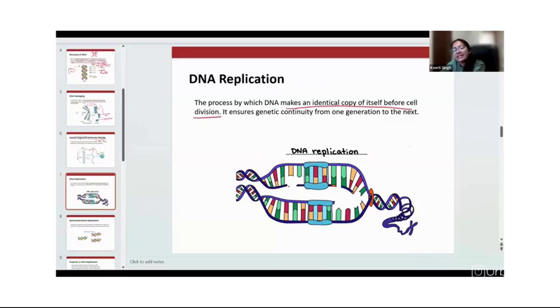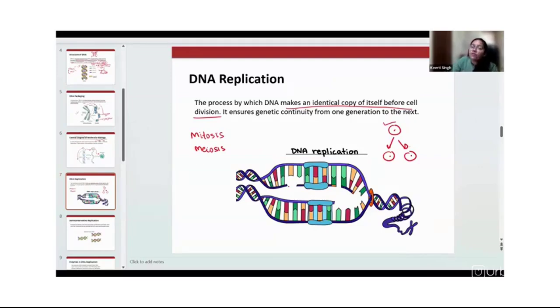We already know that cell division takes place through the process of mitosis and meiosis, right? So if a single cell is going to divide into two cells, it must replicate itself. It must create an exact copy of itself. So for this purpose, all the information must get duplicated and then transferred into the upcoming cells.